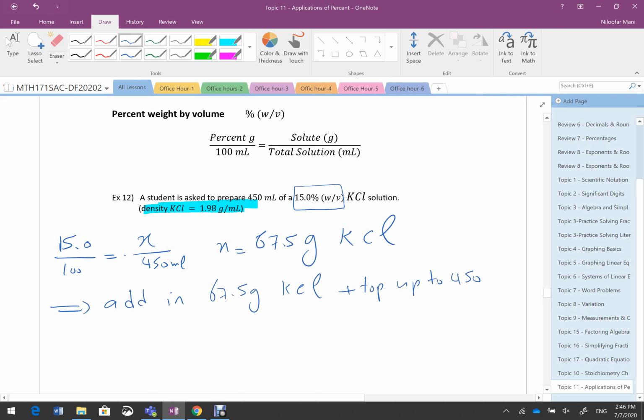So maybe it's a powder, for example. And then on top of it, I add water until I reach 450 milliliter. Okay, or any solvent you can use.